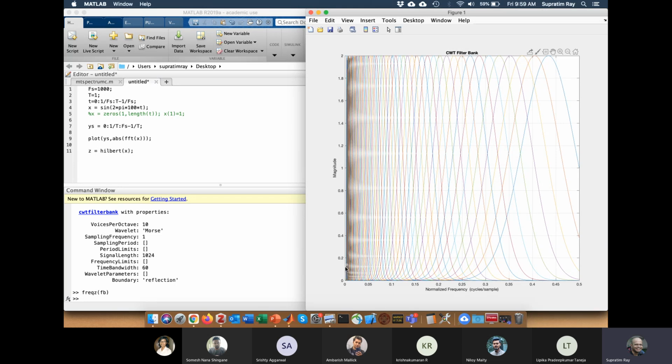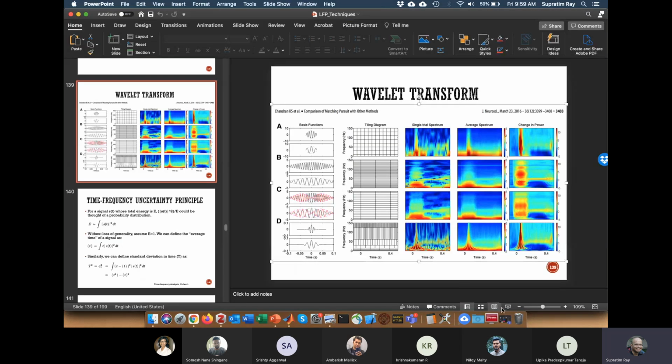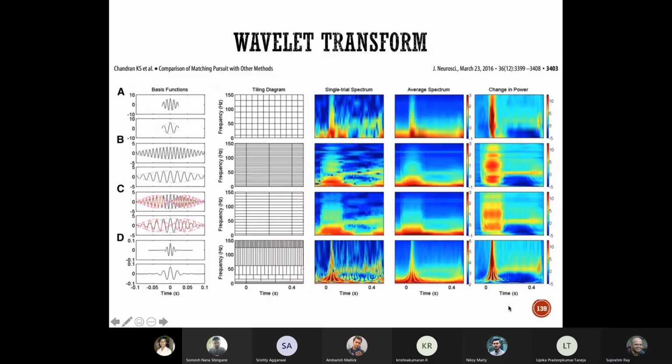And this sort of a filter bank can be seen in the time frequency domain like this. Okay, so there you go. That's wavelet transform. It's a very deep topic, so I can't really spend more time on that.